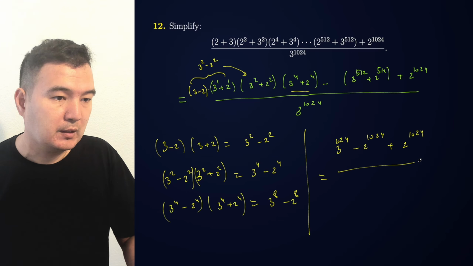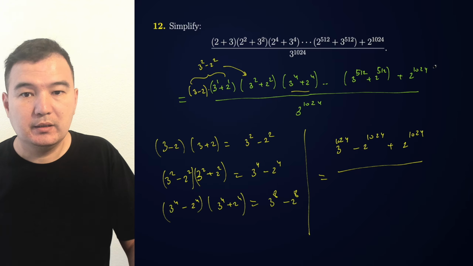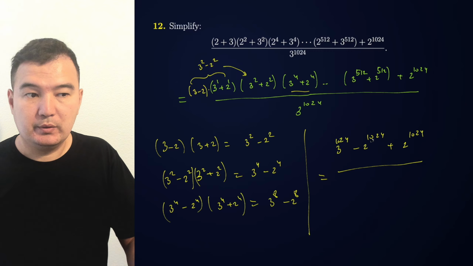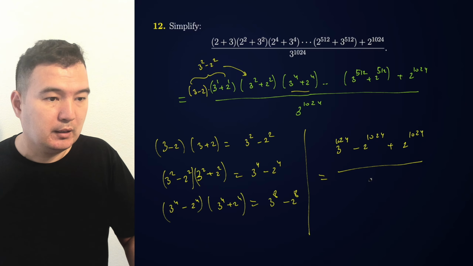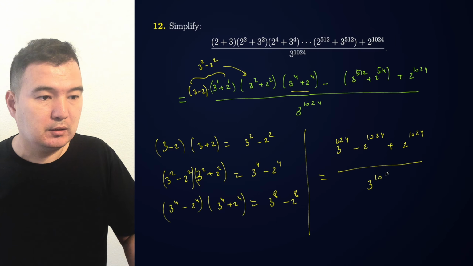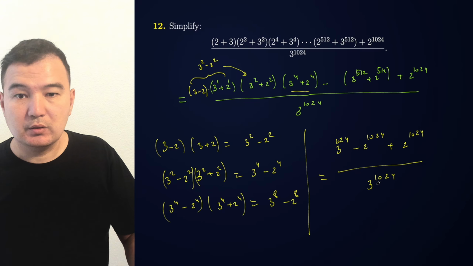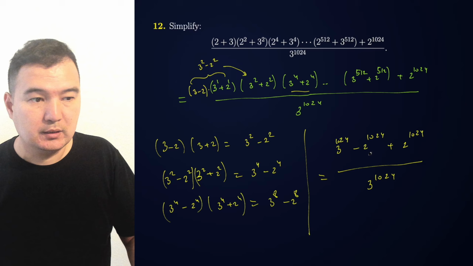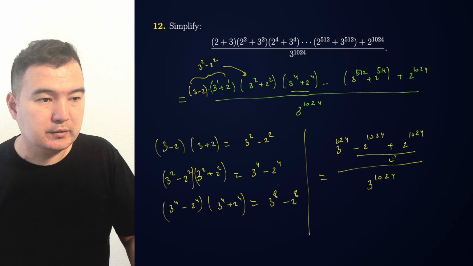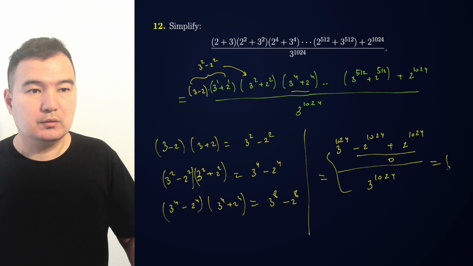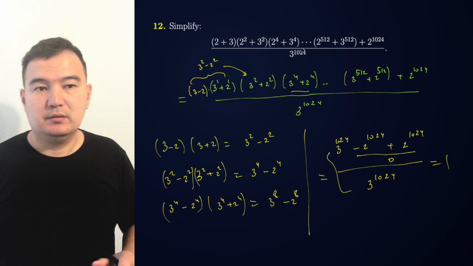So this one is here for a reason, to cancel out this one, right? And over 3 to the power 1024, and this one is also for a reason, to cancel out this. So these two together are 0, and then this one and this one give you 1. So the result of this expression is just 1.